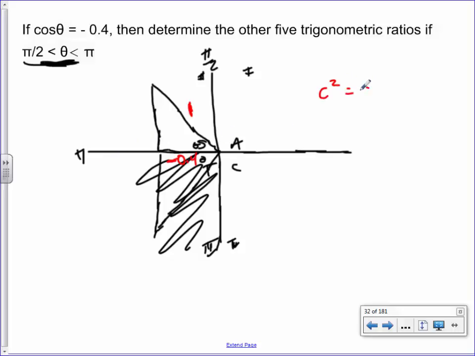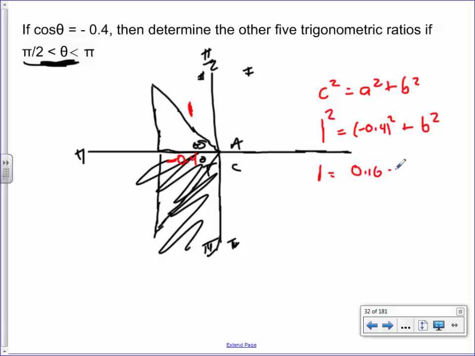Pythagoras' theorem is c squared equals a squared plus b squared. But we actually know the c squared, that's going to be 1 squared. Let's let your a squared be negative 0.4 squared. We actually have to solve for b squared. 1 squared is 1. 0.4 squared is 0.16.